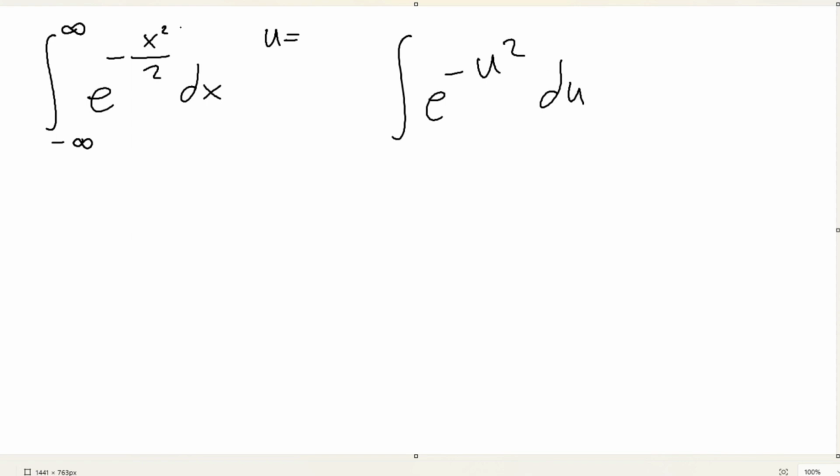U must equal x over square root of 2. So in the du form, we would have a root 2 at the front, and then from negative infinity to infinity. And so now our answer would be the square root of 2 pi.